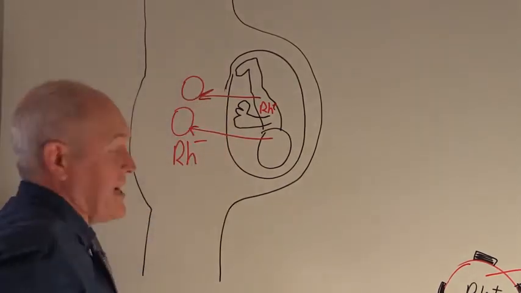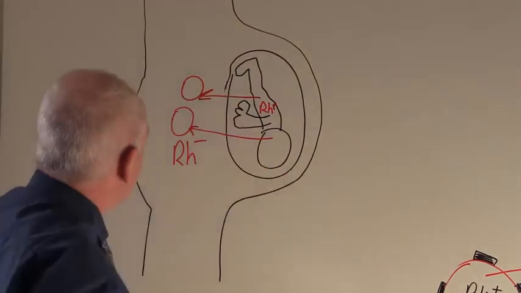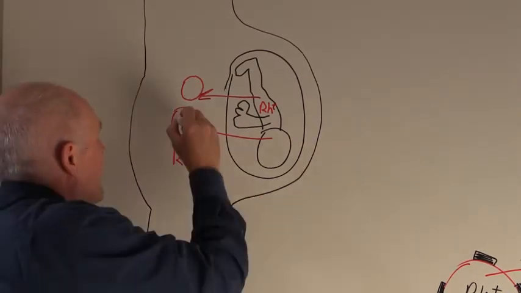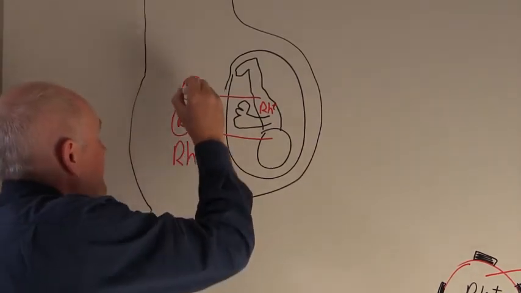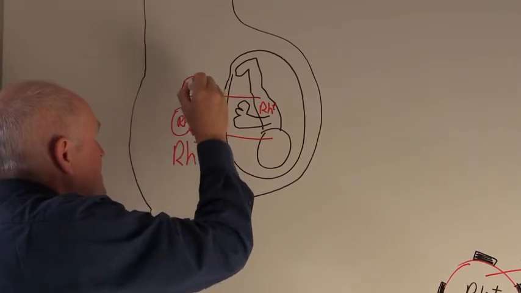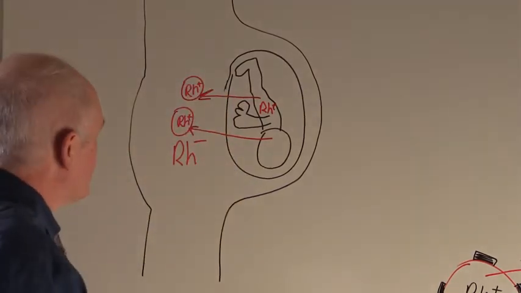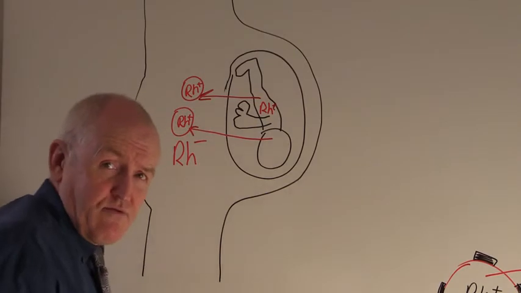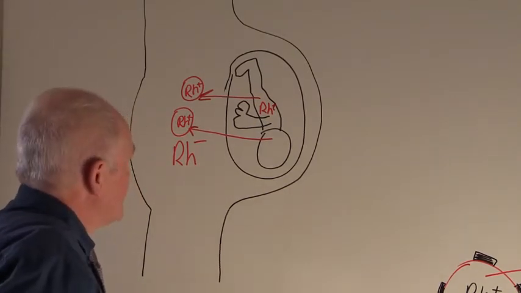Some of the baby's red cells, through this fetal maternal hemorrhage, will get in. And of course the baby's red cells are rhesus positive. And this will certainly happen during delivery if it hasn't already happened in the later stages of pregnancy.